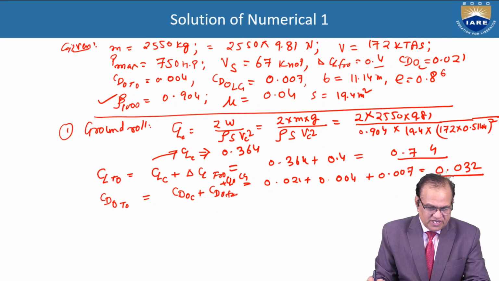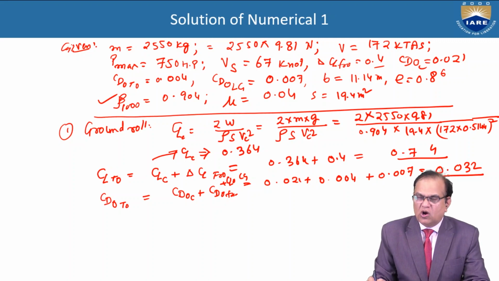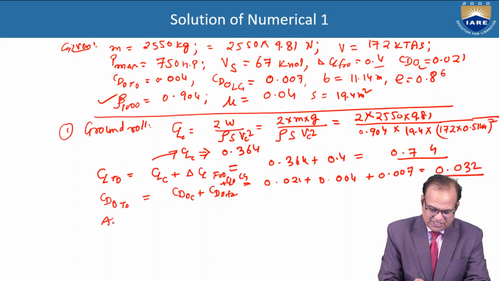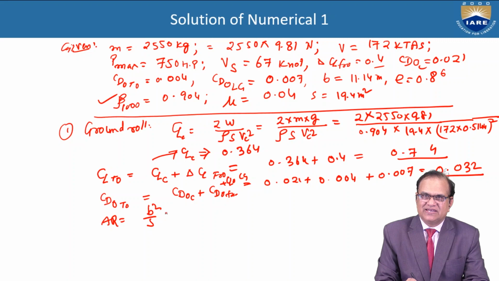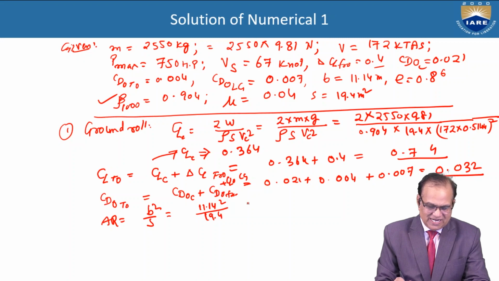Before we go further, we have to find out the aspect ratio. We know that aspect ratio is b square by S, where S is the area and b is the span. b is given as 11.14. So 11.14 whole square divided by 19.4, and you will get 6.4.